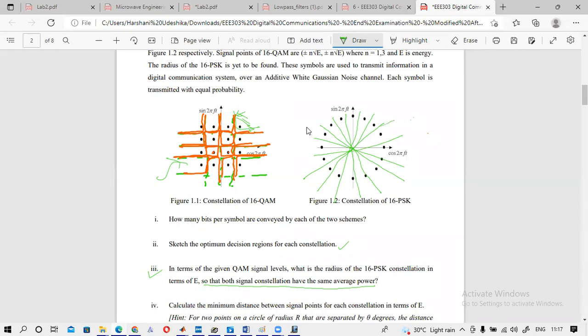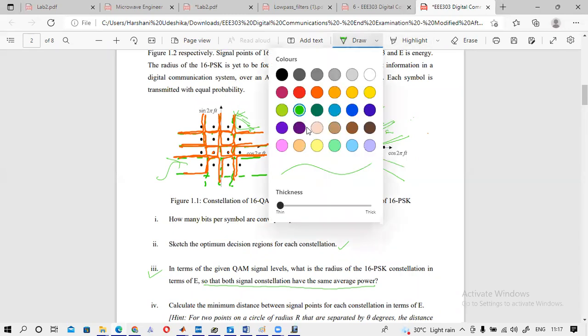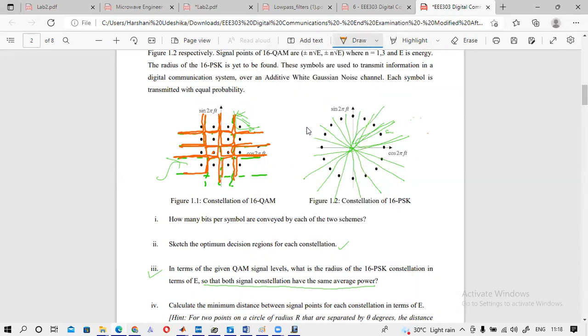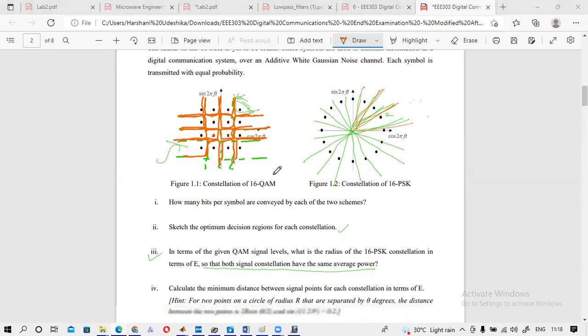Then this will be one decision region for this symbol, and this will be another decision region for this symbol. This will be one decision region, this will be another, and so on. So I think it is not hard. Okay, so we will do this one.